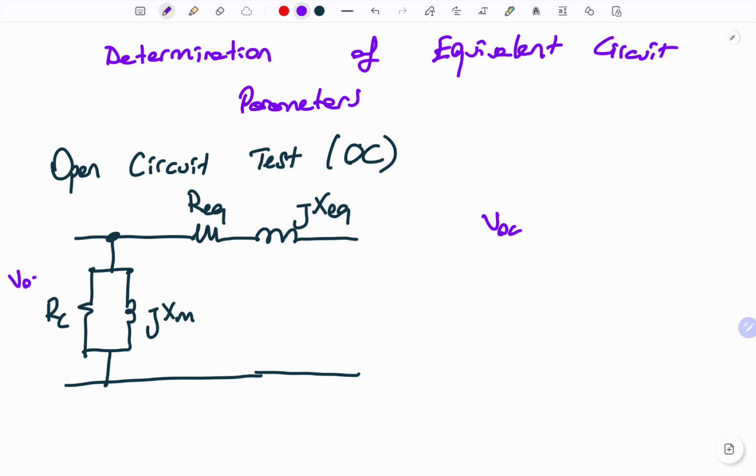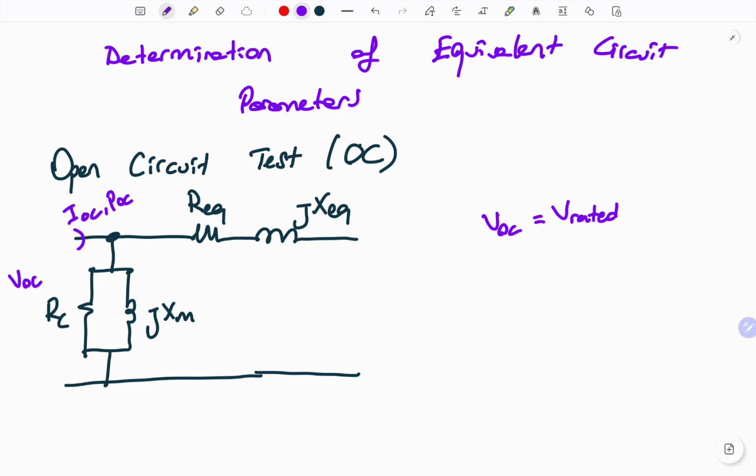The voltage we apply from the input primary side of the transformer must be equal to the rated value of the transformer. According to the ratings of the transformer, if we apply the voltage and measure the current and the power values during that test, we can calculate some parameters.